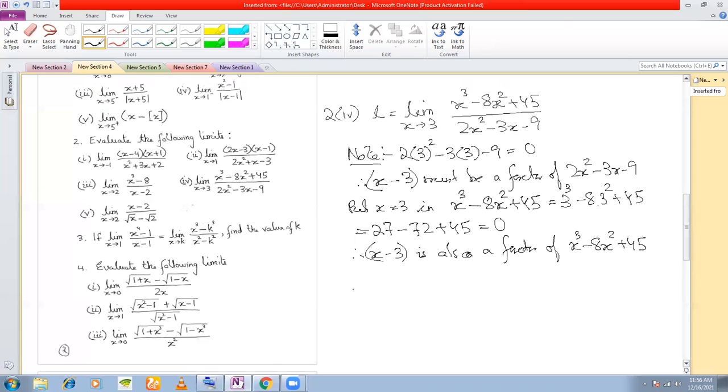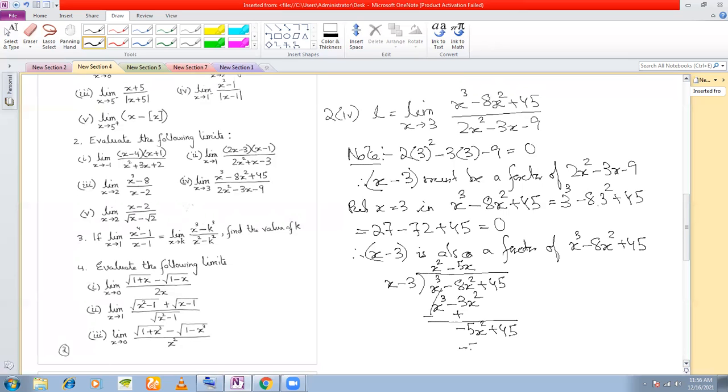Okay, how do you factorize the numerator? You divide x cube minus 8x square plus 45. So first, if you divide, you need x square here. So you have x cube minus 3x square. Subtract. Cancels. So you get minus 5x square plus 45. So now you need to multiply x minus 3 by minus 5x.